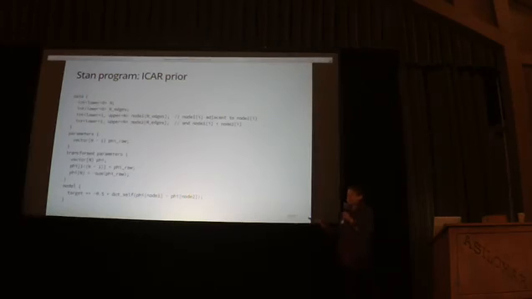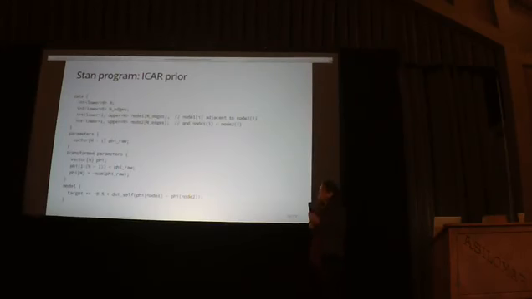So it's a standard way of coding up a graph, and then we're going to compute our spatial random variable phi. And because we have a sum to zero constraint, we have to implement it using the standard sum to zero constraint as is presented in the Stan manual.